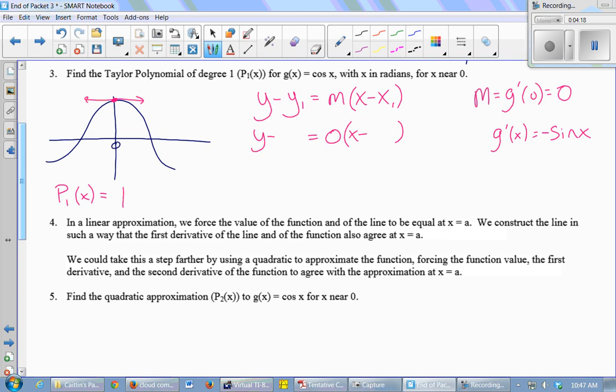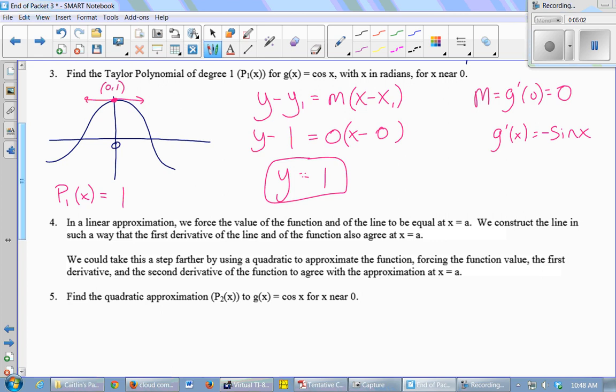So I could use the point that is on the line and on the curve. What are the coordinates of that point? 0, 1. Yep. You just plug your 0 into your function cosine x, and we get the point 0, 1. That's my x1, y1. So this says y minus 1 equals 0 times x minus 0. And 0 times anything is 0, right? So this says y equals 1 when I move the 1 to the other side. So that's the general procedure for finding a first-degree Taylor polynomial.